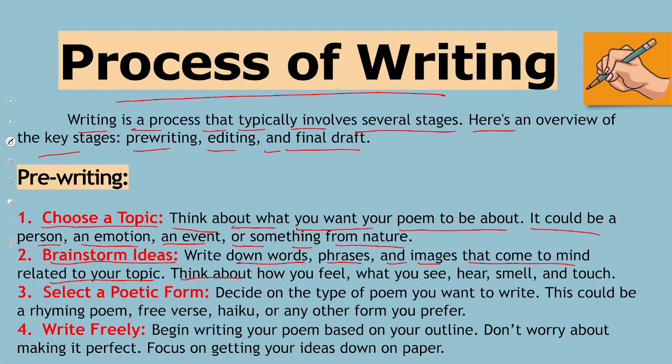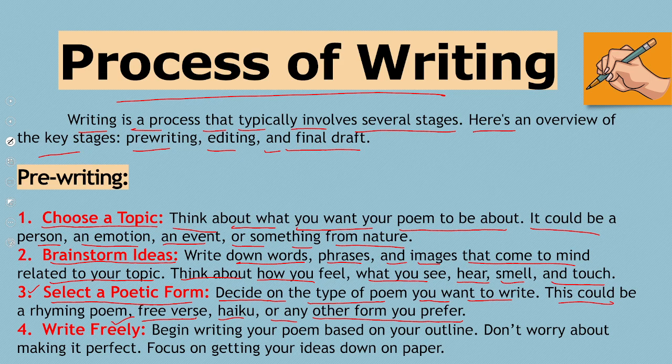Think about how you feel, what you see, hear, smell, and touch. The third point is select a poetic form. Decide on the type of poem you want to write. This could be a rhyming poem, free verse, haiku, or any other form you prefer.